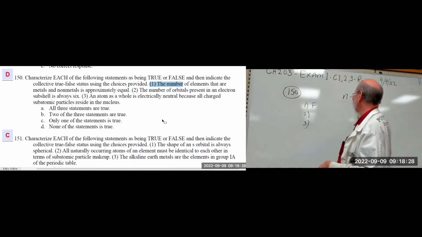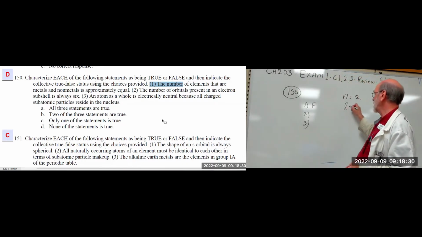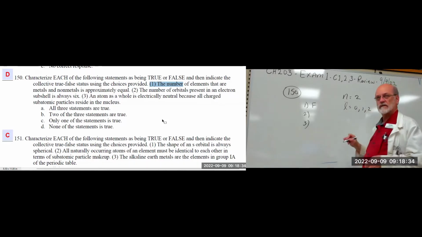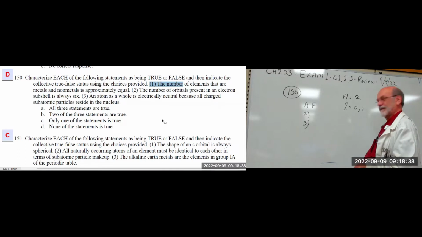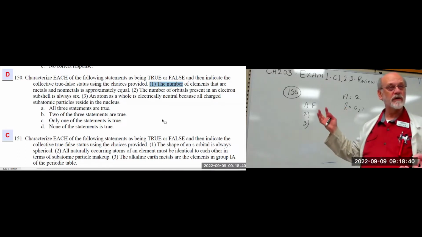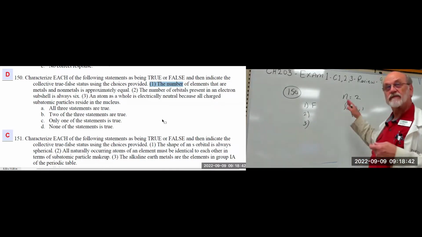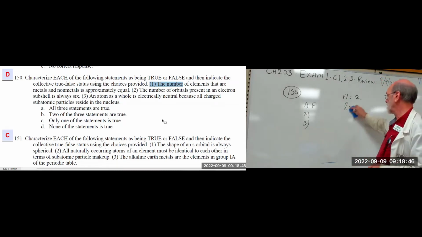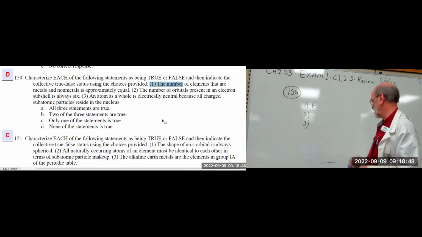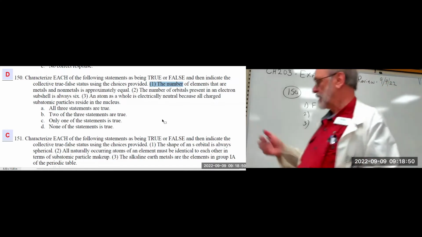If N equals 2, then L equals 0 or 1. So it can only have 2. So that's right. It varies depending on the principal quantum number how many orbitals you can have. So that one's false.